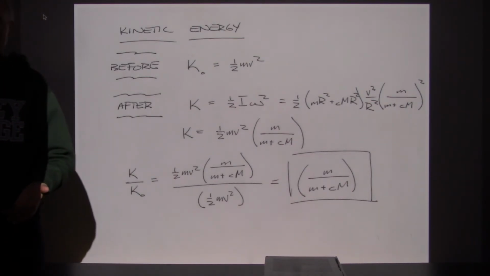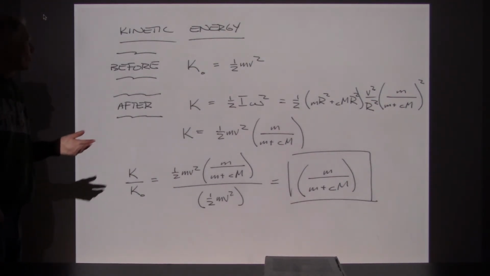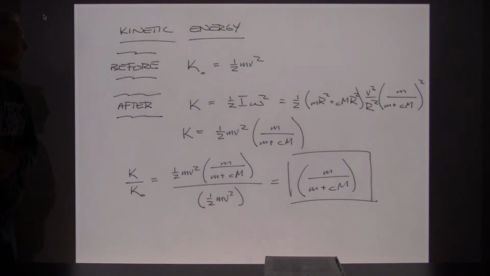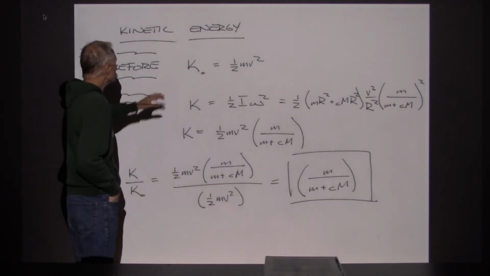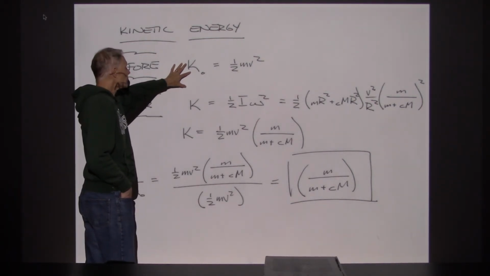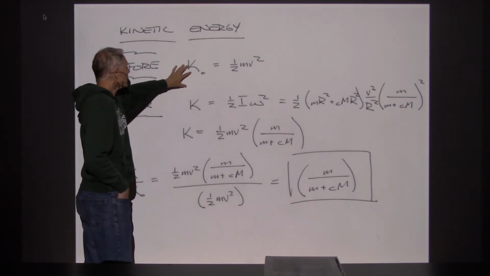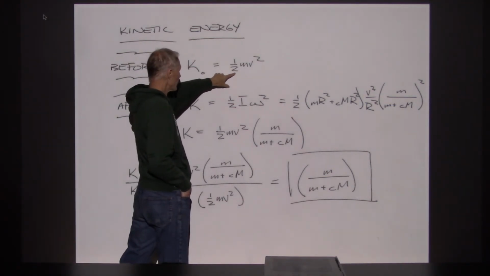Now, it's an inelastic collision, so I thought it would be useful to go in and ask about the energy also. So the kinetic energy of the projectile coming in is 1/2 mv squared.